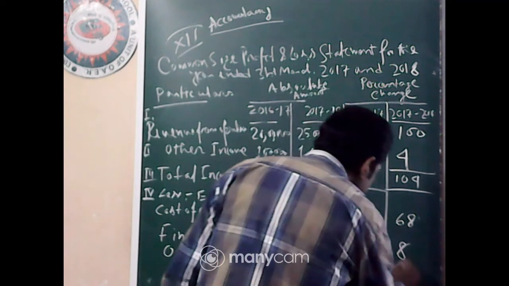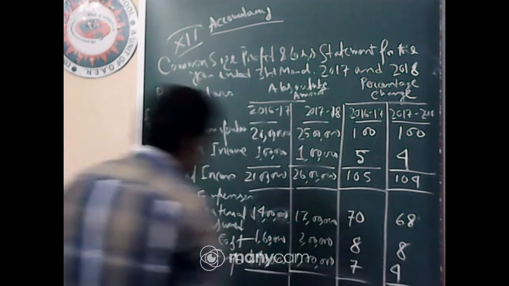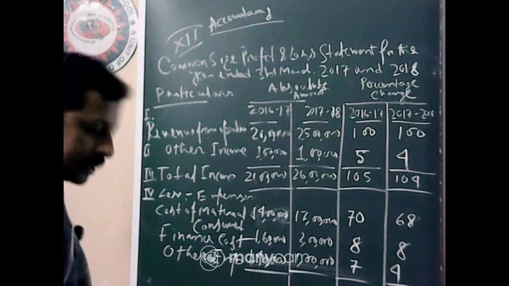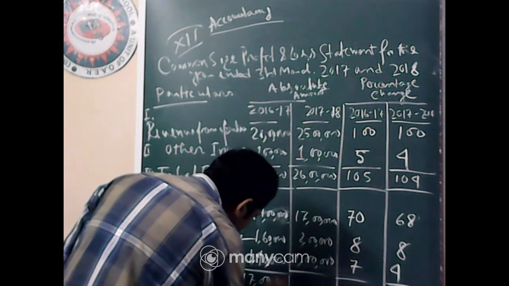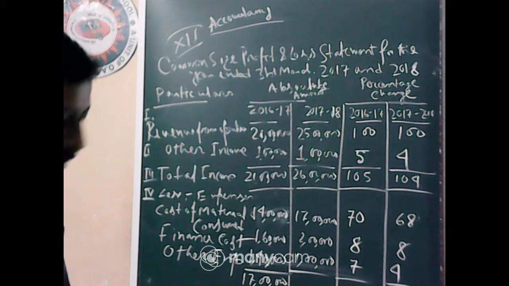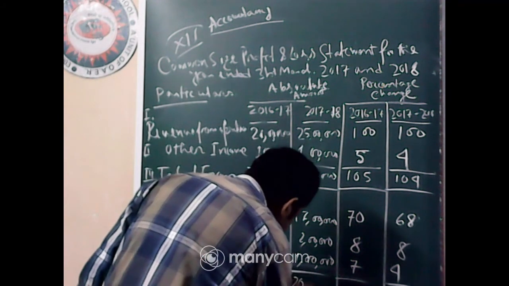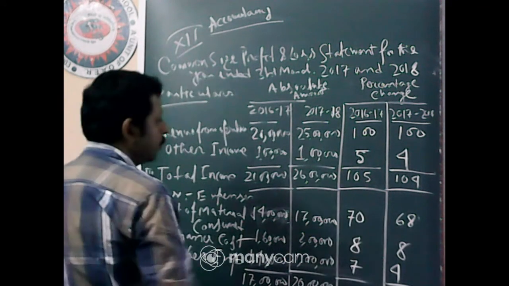Okay. Now again you have to add this. What will be the total for 2016-17? That is 17 lakh is total expenses. For the next year, that is current year 2017-18, that is 20 lakh. And you just sum these.